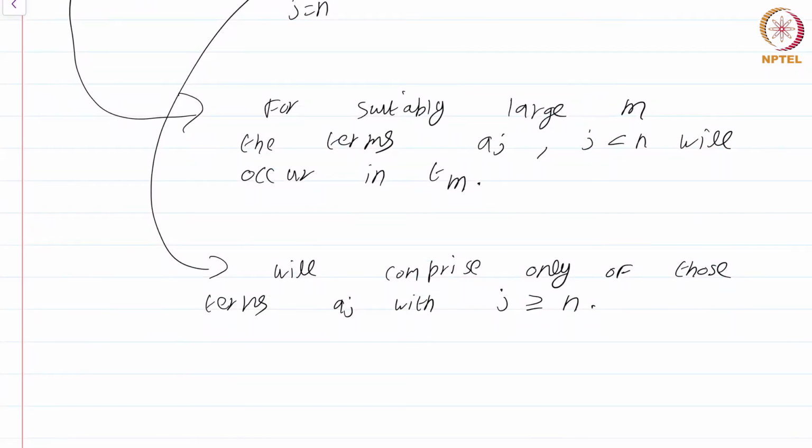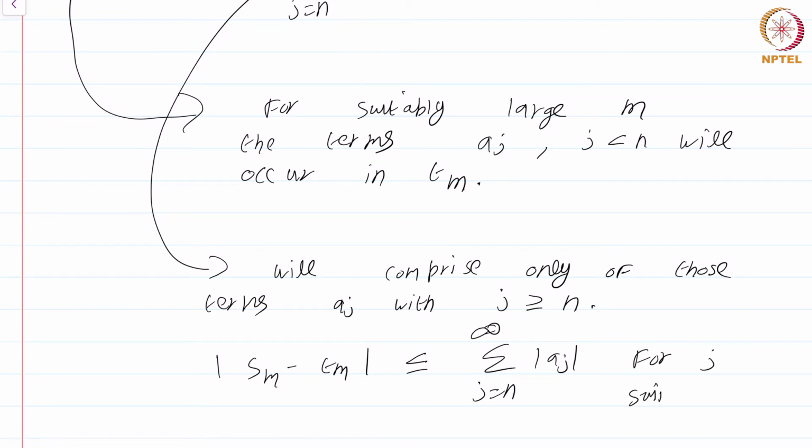So what we get is mod S_m minus T_m is less than or equal to summation j equals n to infinity mod a_j, for m suitably large.